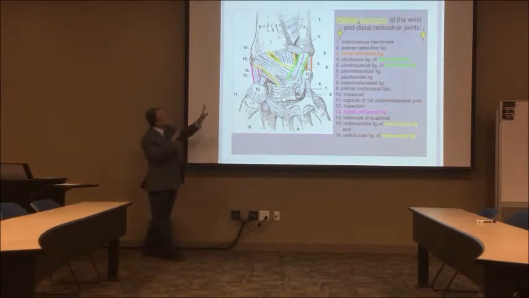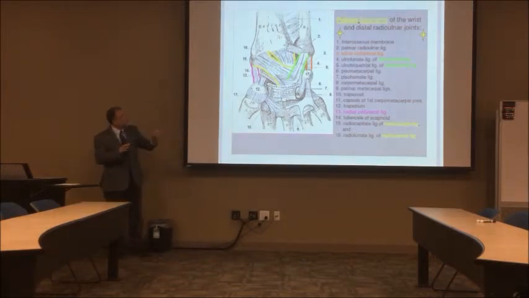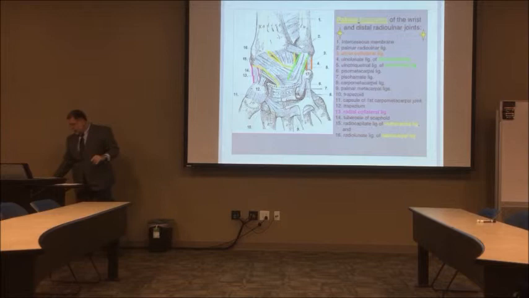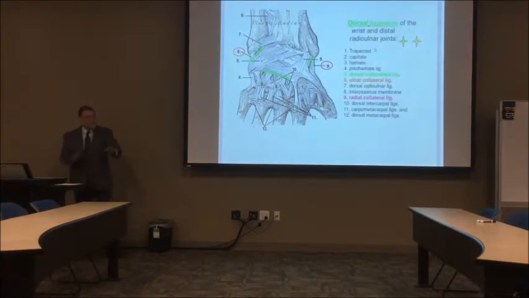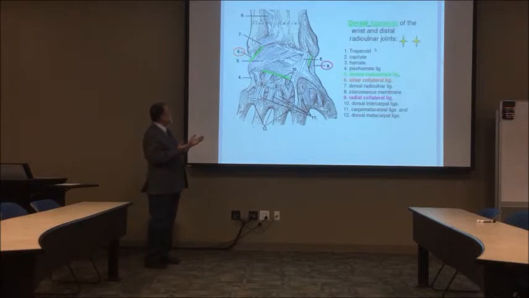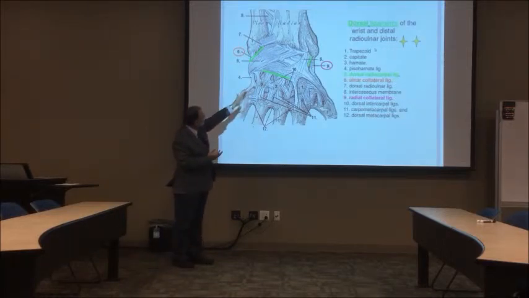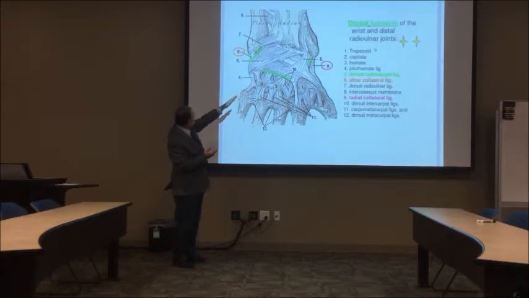Those are from the palmar aspect. Those are the ones that are going to be holding the joint itself. Now, from the dorsal aspect, it's going to be the same thing. You're going to have this specific dorsal radiocarpal ligament, and from the ulna, as number 5, the dorsal, and number 6, the ulnar collateral ligament.